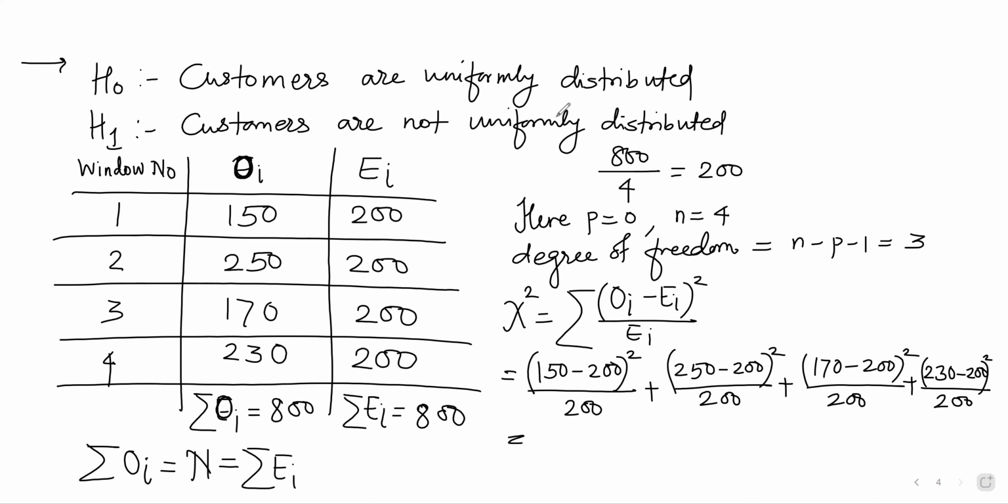Calculate it. What is this value? You can make the denominator 200. The numerator is nothing but 50 square. Here we have again 50 square. Here it is 30 square. Here it is again 30 square, because negative also becomes positive. So what will be the answer?